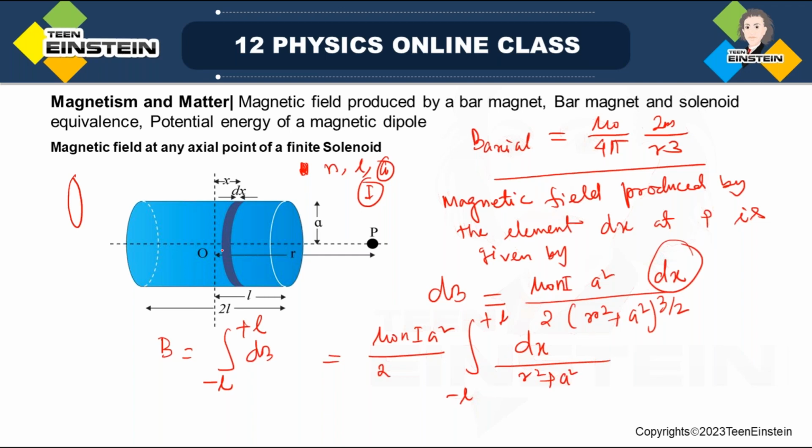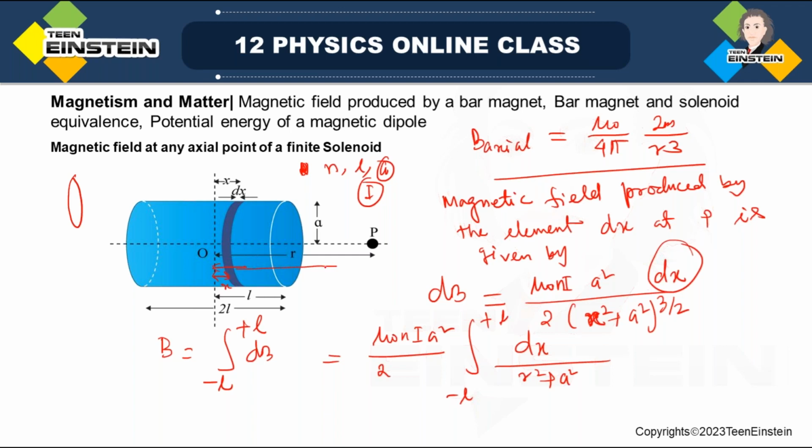I think I need to take this as x square here, not r square. Is it r square or x square? Just a minute. Actually, I have to take the length. See, this is x, and this is r.